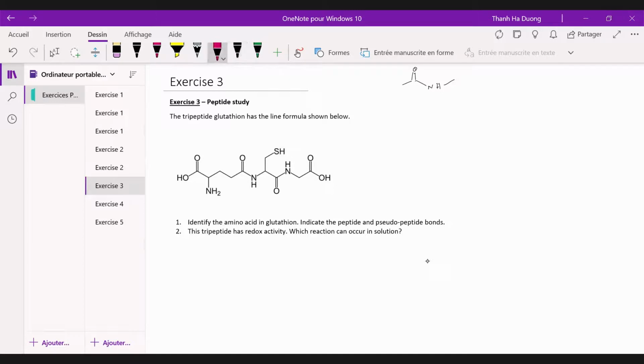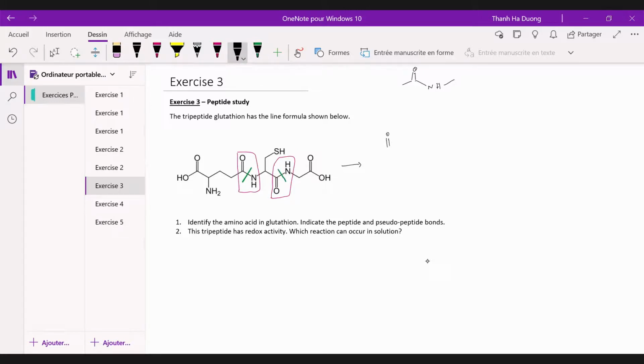So here we have two peptide bonds, this one and this one, which means that we have 3 amino acids. If we cut the peptide bond here and here, you will have 3 amino acids.